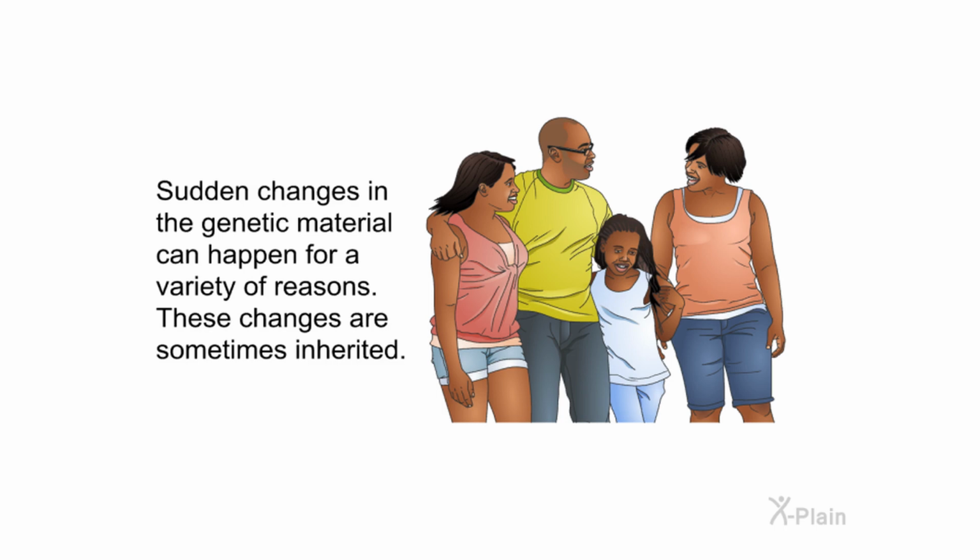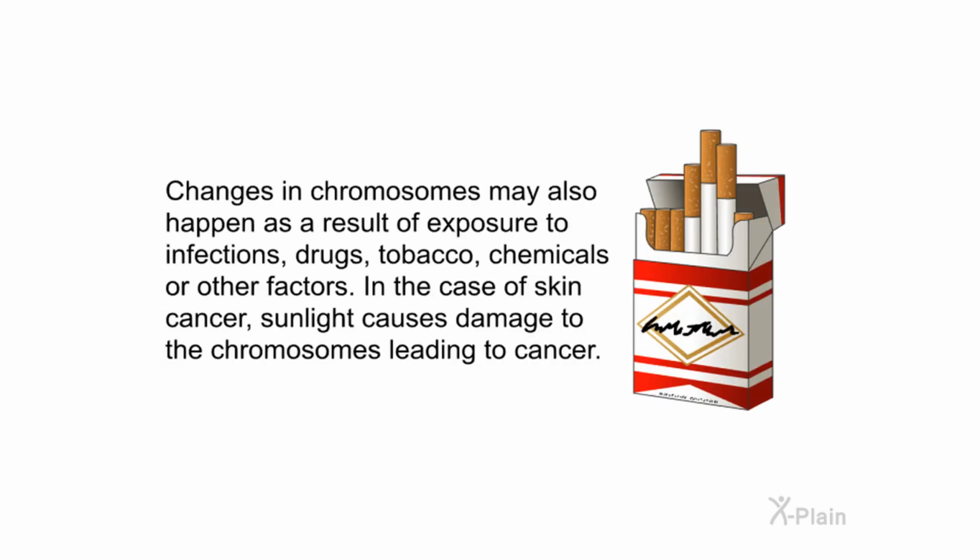Sudden changes in the genetic material can happen for a variety of reasons. These changes are sometimes inherited. Changes in chromosomes may also happen as a result of exposure to infections, drugs, tobacco, chemicals, or other factors. In the case of skin cancer, sunlight causes damage to the chromosomes leading to cancer.